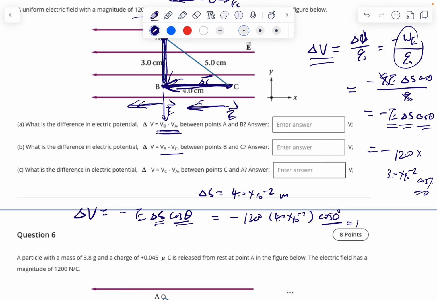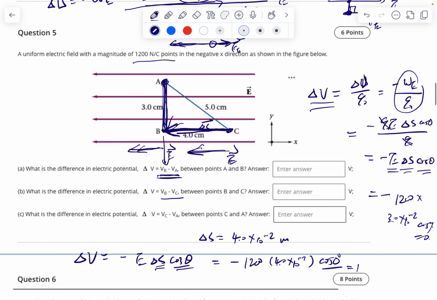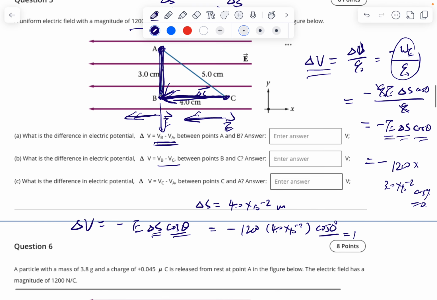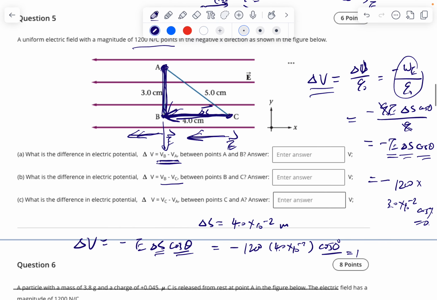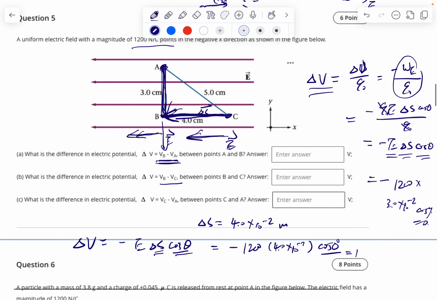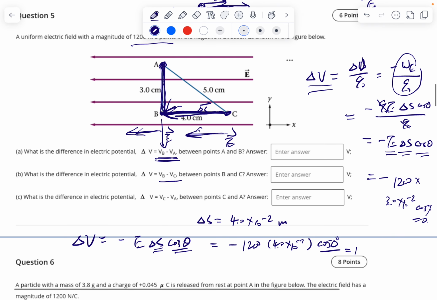Well, potential from C to B. Okay. Let me see. E is 1200. Yeah. Okay, no problem. Potential from C to B. This is E. Okay.